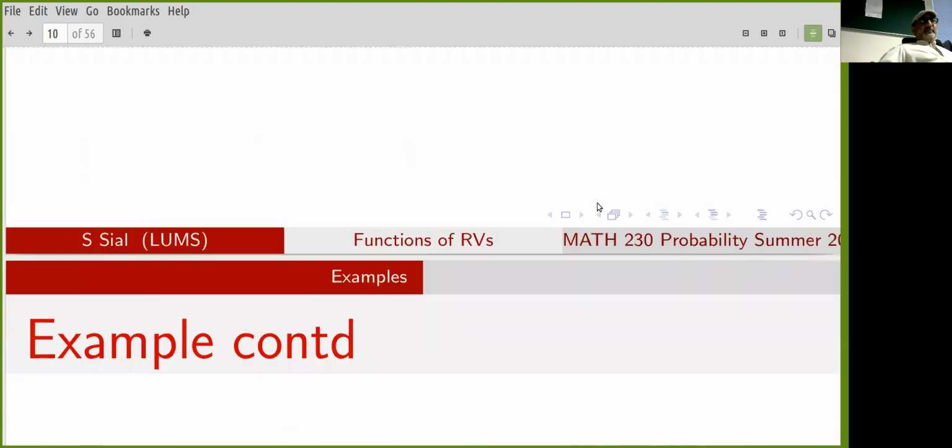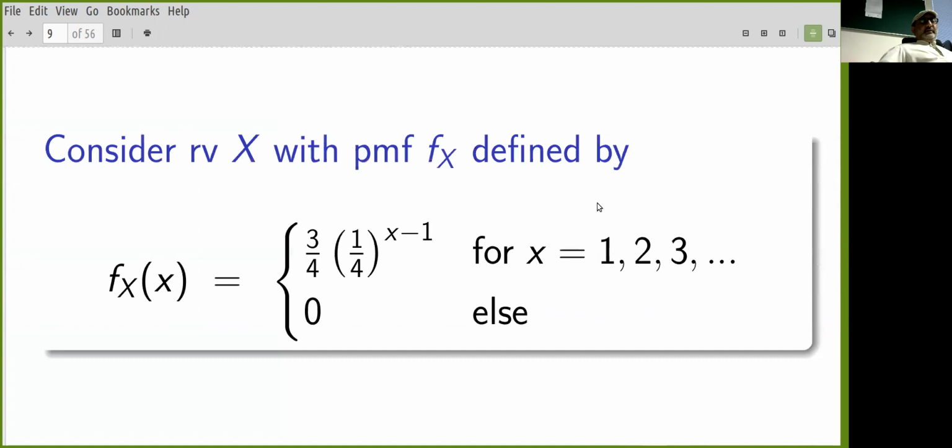So then f sub y of n squared would equal 3/4, 1/4 to the n minus 1, right?